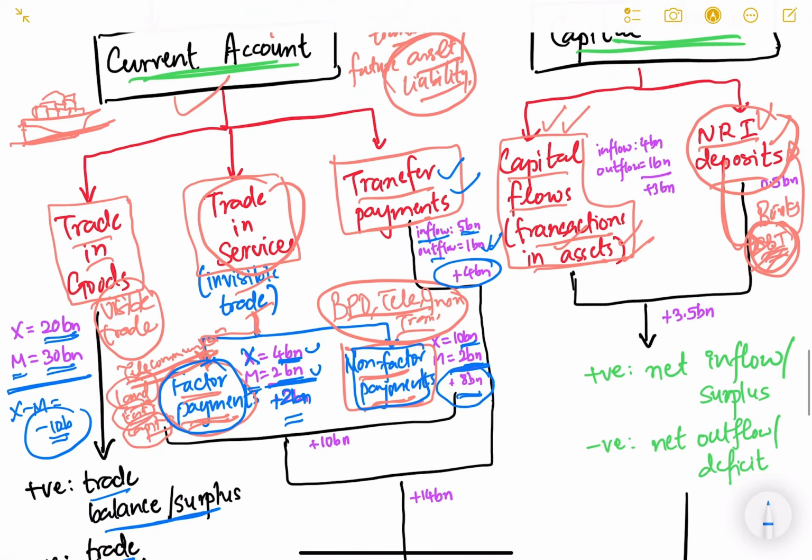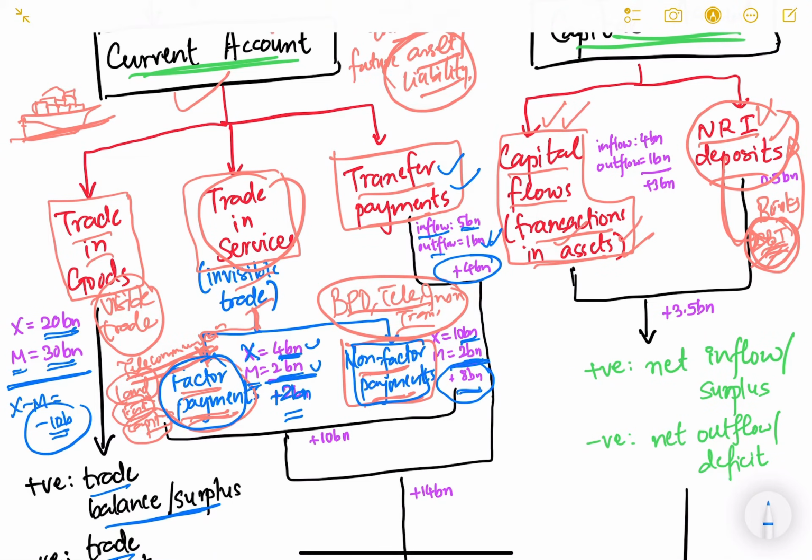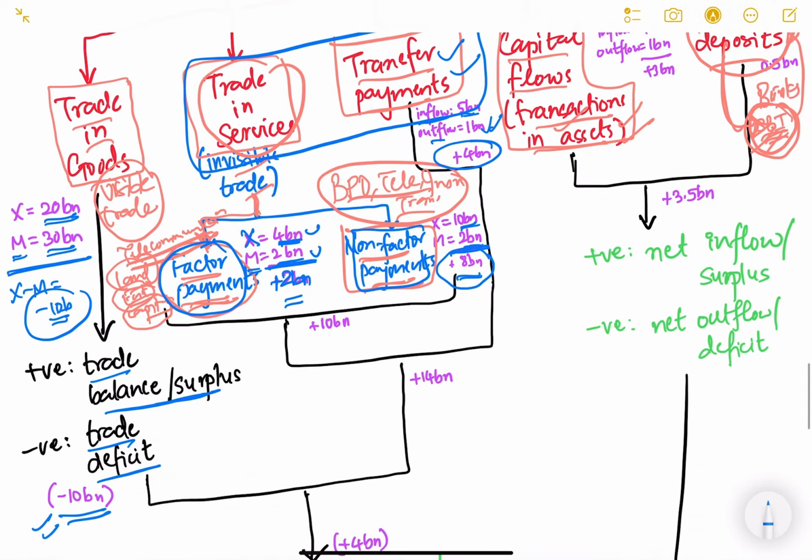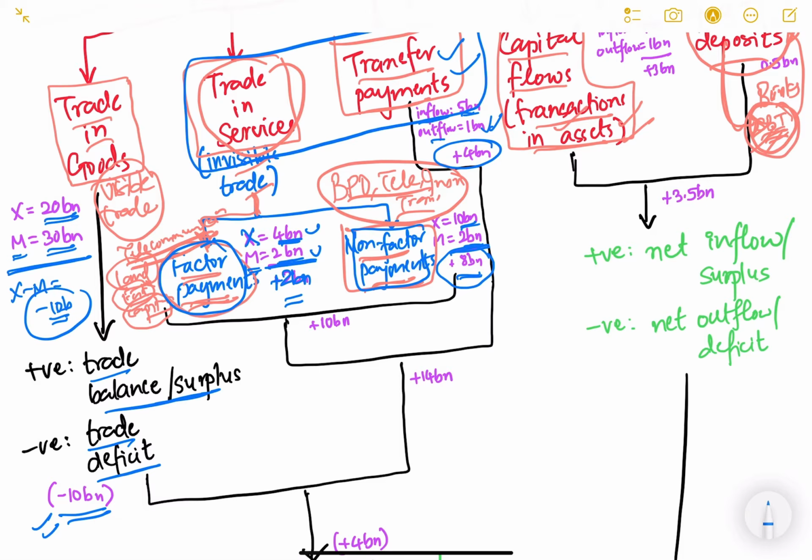Now what usually happens is that trade in services and transfer payments, these two are combined together, and we look at a combined surplus or deficit in this. So here we saw that in trade in services, in factor payment there was a positive 2 billion, in non-factor payment it was positive 8 billion.